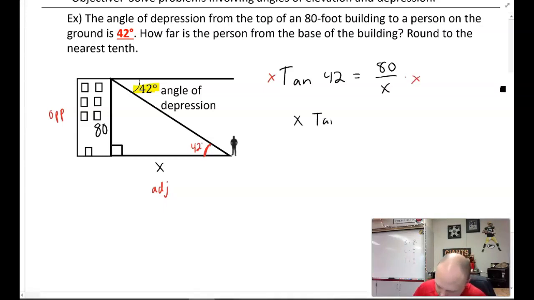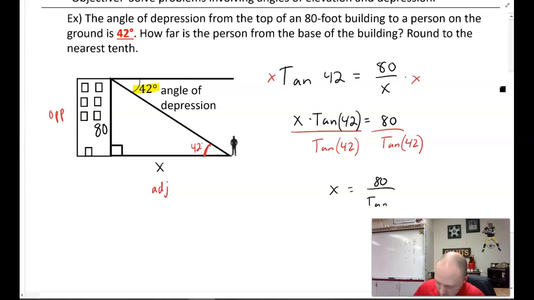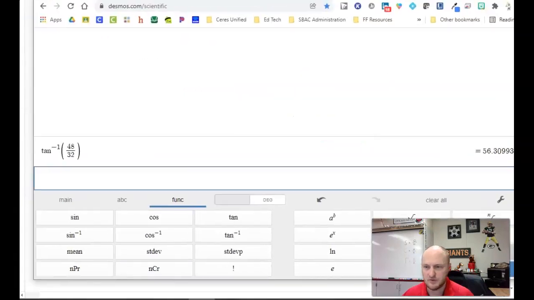So x times tangent of 42 is equal to 80. And then solving for x, we'll divide both sides by tangent of 42. So x is equal to 80 divided by tangent of 42. And we'll go ahead and compute this.